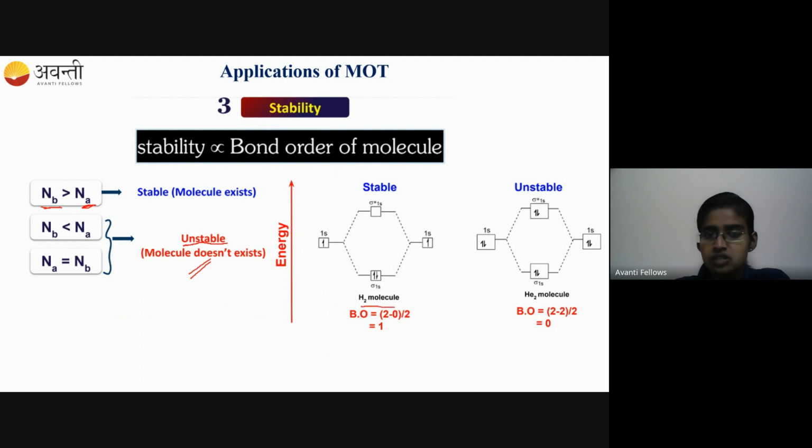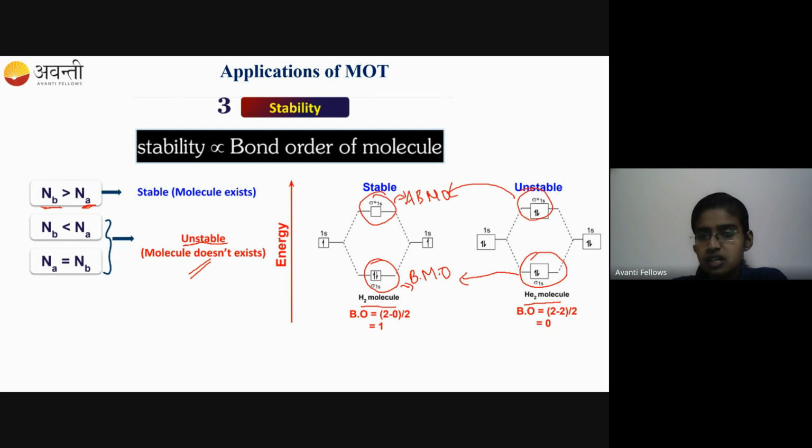For the hydrogen molecule and helium molecule, you can see the molecular orbital energy level diagram here. Sigma 1s denotes the bonding molecular orbital, and sigma star denotes the anti-bonding molecular orbital. In case of hydrogen, the number of electrons in bonding molecular orbital is 2 and in anti-bonding molecular orbital is 0.